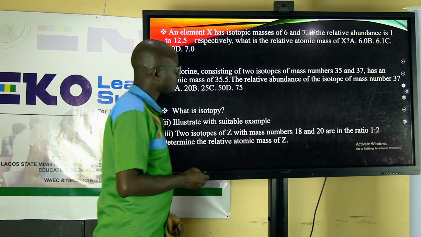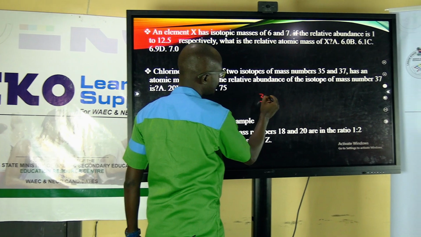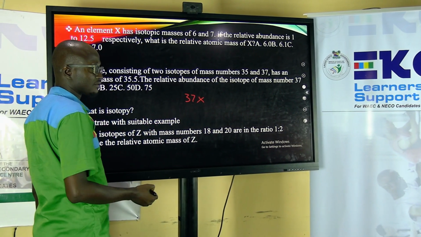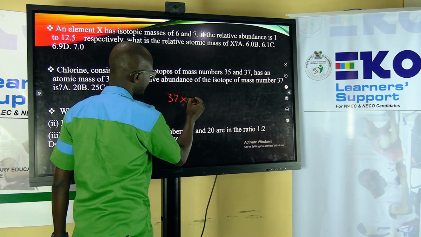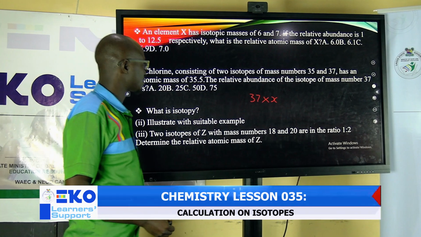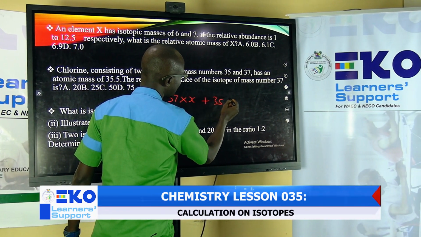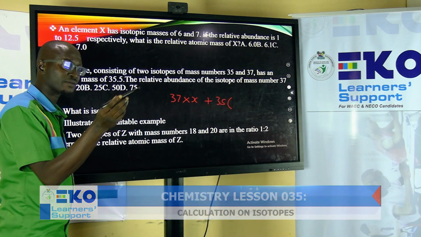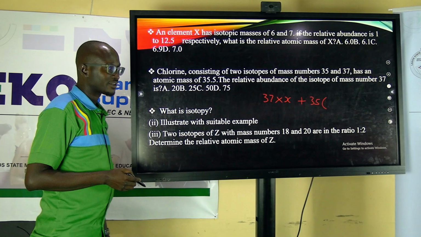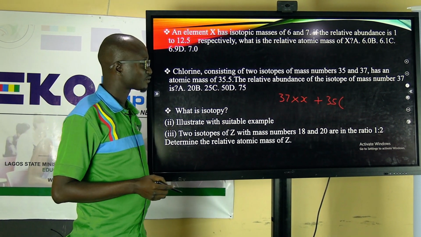So how will I do it? Since I'm particular about 37, let me take 37 first. 37 times the abundance of 37. I don't know it, so let me represent it with X. Plus 35 times the abundance of 35. What will I multiply it by? Oh, I heard somebody say Y. No. You want us to end up in simultaneous equations, and we don't need that for this question.